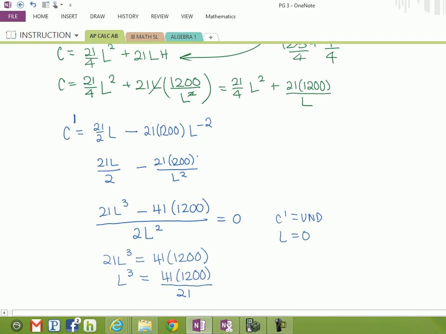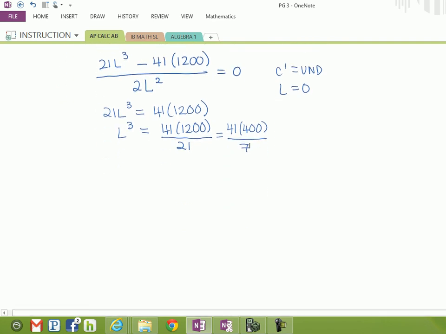So let's try to clean this up. Divide by 3, and we get that. Which, I guess at that point I can find L cubed is equal to 164,000 over 7, and L is equal to the cube root of 164.